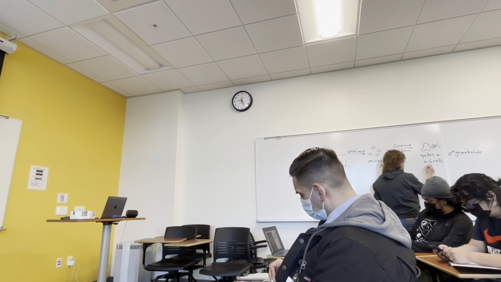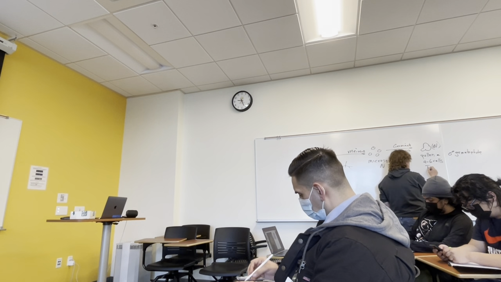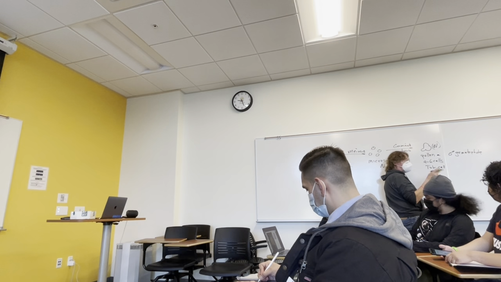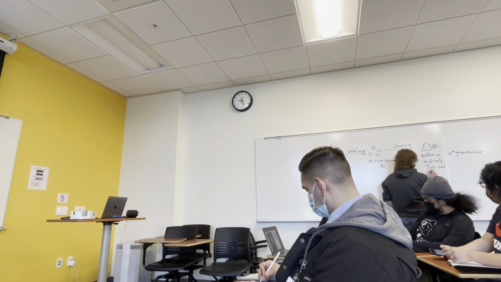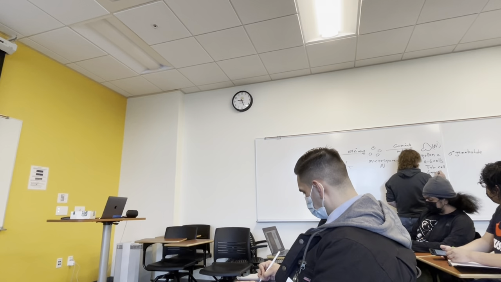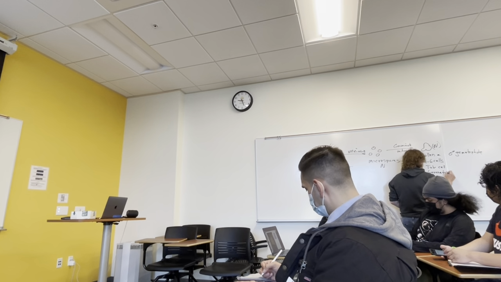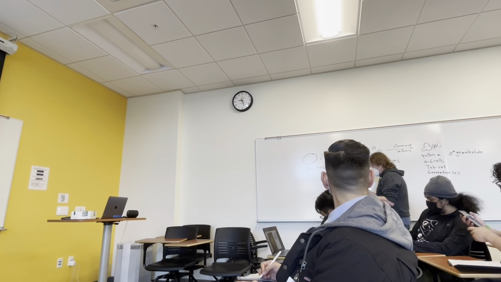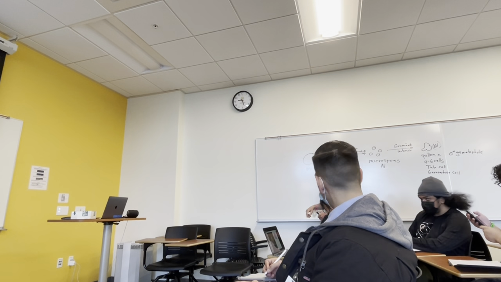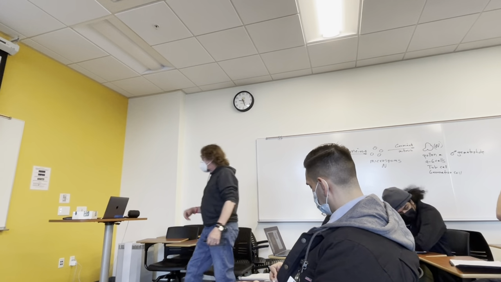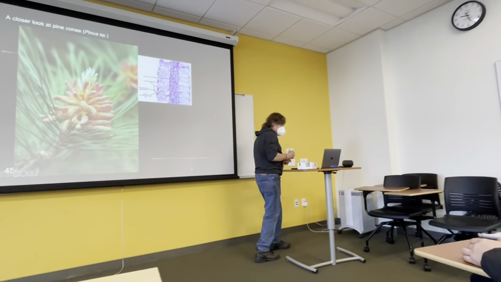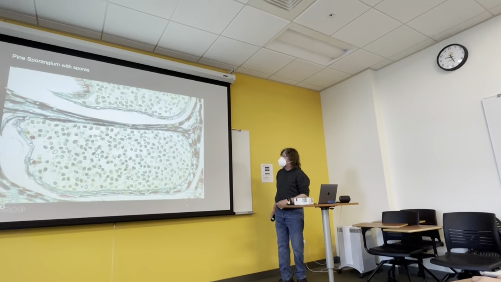Okay, now 2 of these cells, one of them, the tube cell, is going to play an important role a little bit later on, and a generative cell. But this is all that's left of the male gametophyte. It is very much reduced, very much reduced. Okay? All right, so that's close up.